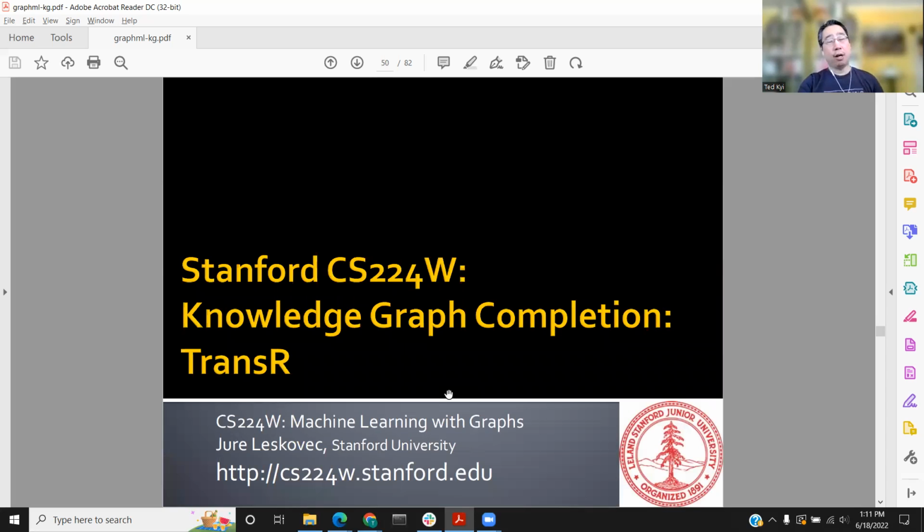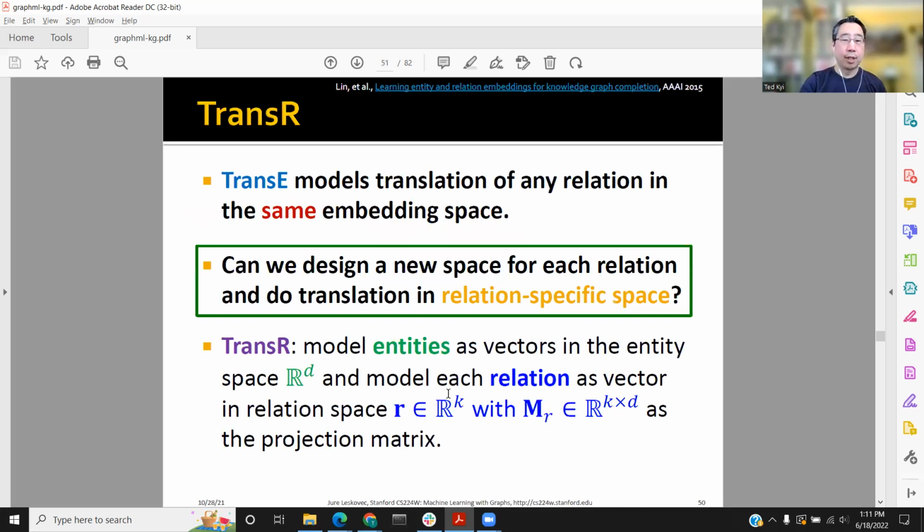So TransR is an extension of TransE, and there's other ones, like TransH. In TransR, instead of just having a simple Euclidean space, I said before, I think 50, that you do all relationships in, what you can do is you can do every different relationship in a separate space.